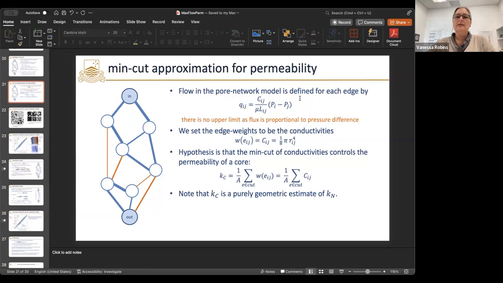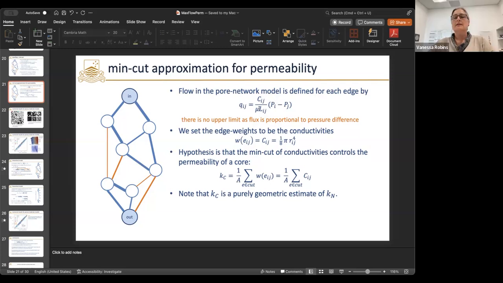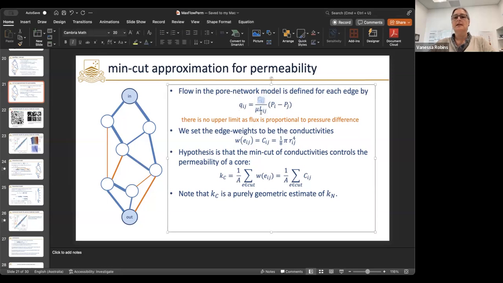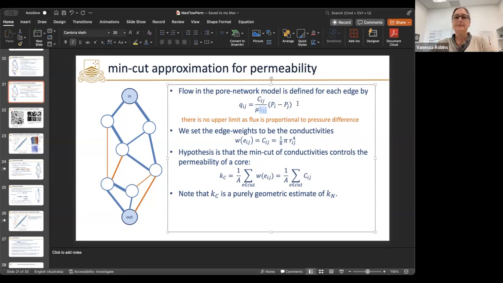In the network model, this is modeling the physics of the flow through the network, the fact that the flux is proportional to the difference in pressure divided by the length. So the difference in pressure is allowed to vary with the flux, whereas this weight Cij and the length are geometric parameters that are set by the geometry, but the flux and the pressure are the things that are allowed to vary.